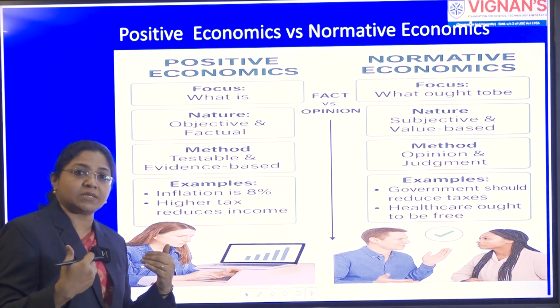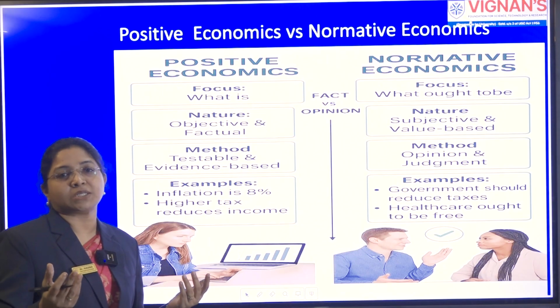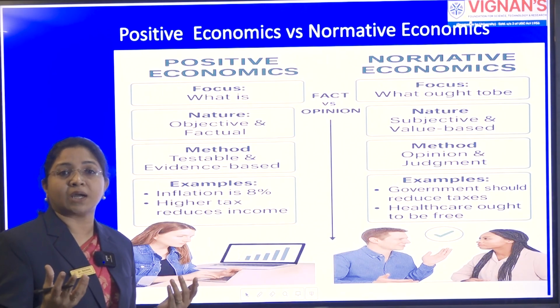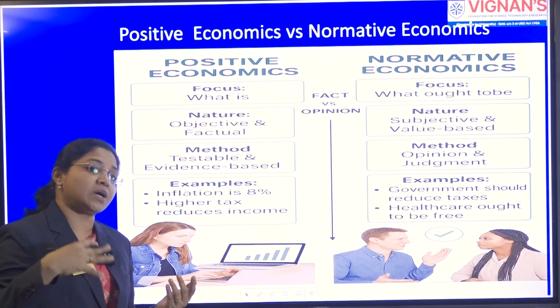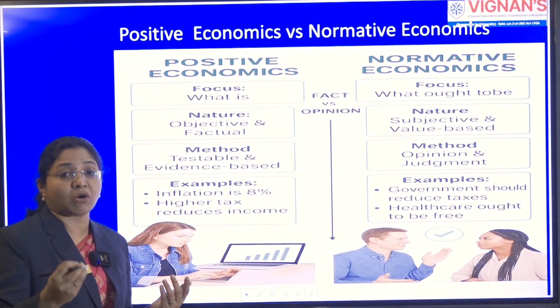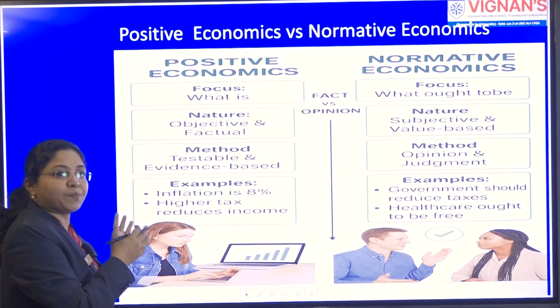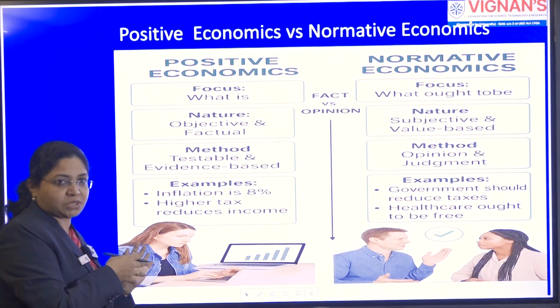We can also say that free education and free healthcare is what we think ideally a country or the government should give. So that becomes normative, how a country's healthcare or education should or ought to be, and how the present situation is comes under the positive approach.